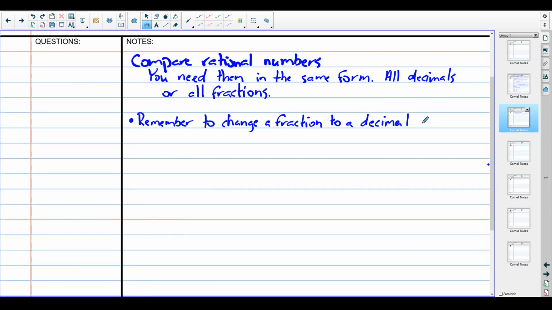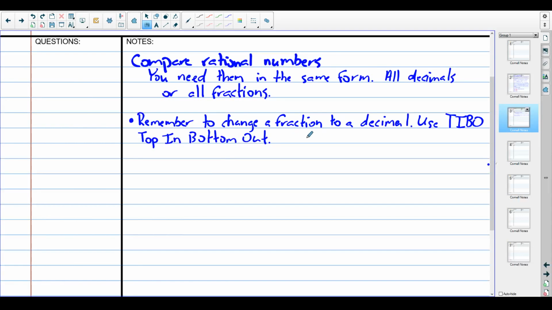That's right. We use TIBO. And if you weren't with us last year, TIBO means top, in, bottom, out. And this is just a way of dividing fractions.